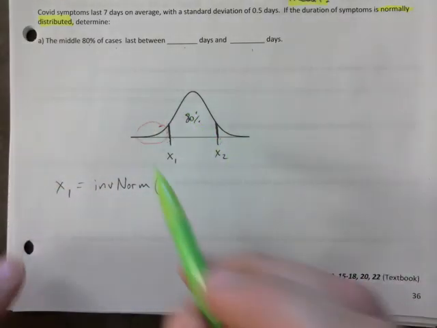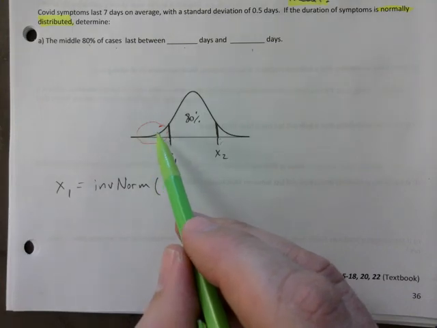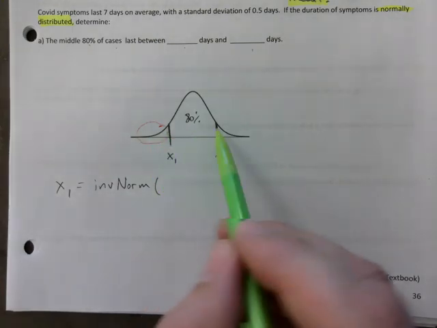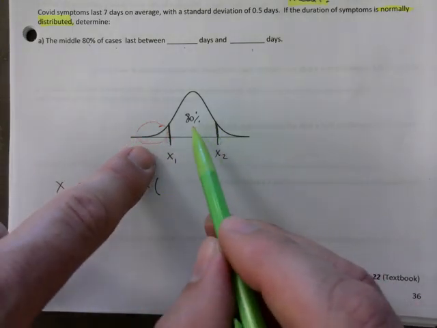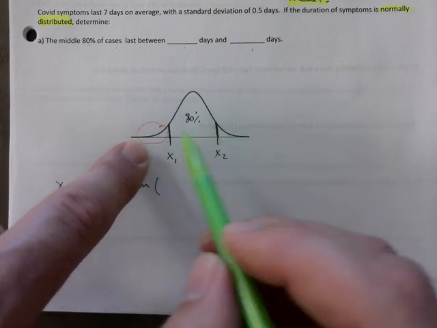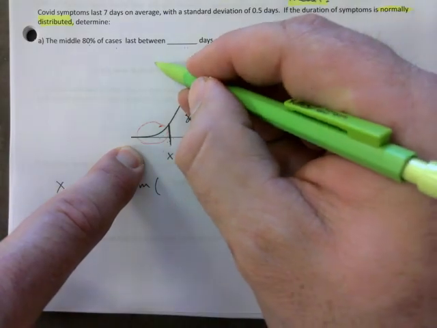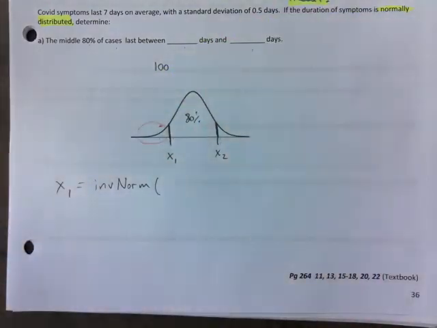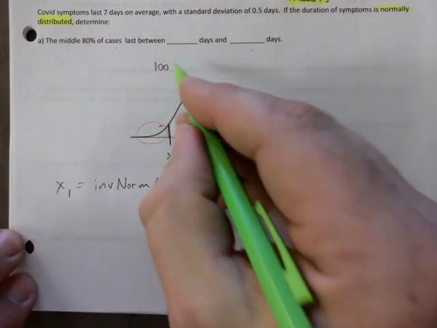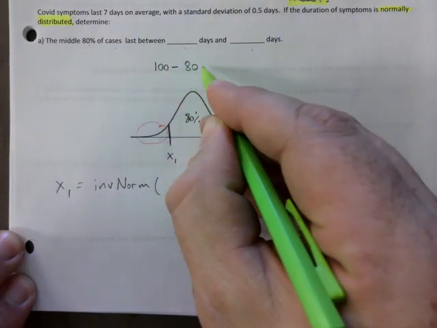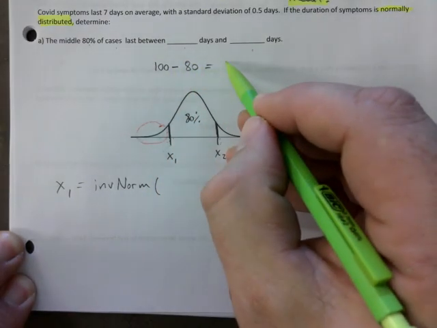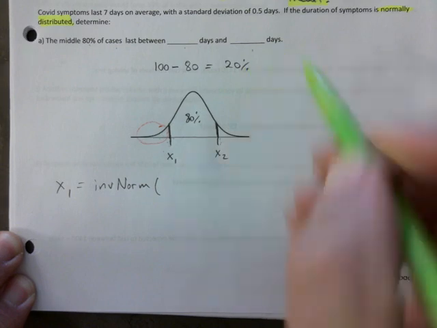It's symmetric. It's not 20. 80 is here, right? So if you knew 80 is all of it, then maybe, but it's not 20. How do we get this? 100 is the whole curve, correct? Let's take away the 80. What are you left with? 20.